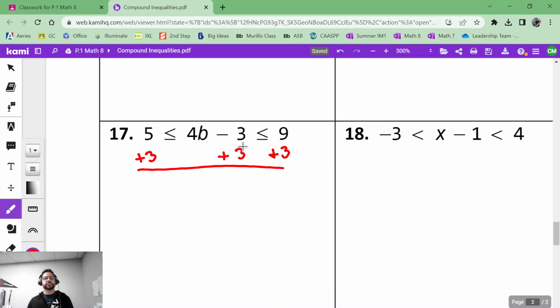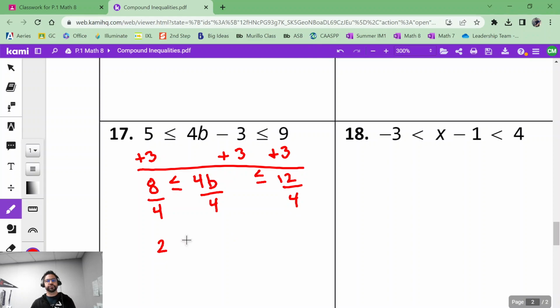So we're going to say 5 plus 3 is 8, is less than or equal to 4b, less than or equal to 12. Back to the center, the middle, divide by 4, middle, left, and right. So 2 is less than or equal to b, less than or equal to 3.